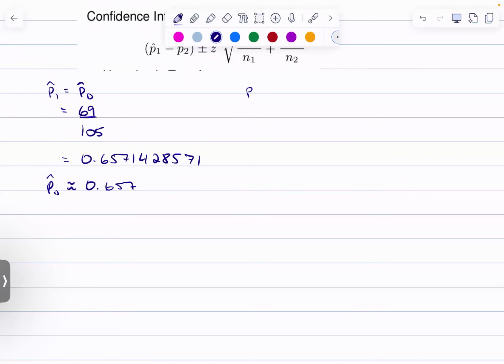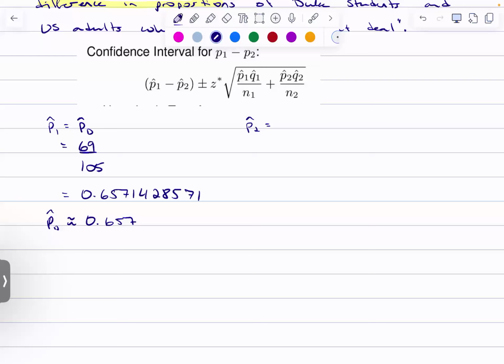Then p2-hat, and notice it's not gonna matter which group you've assigned to group 1 and group 2, but I tend to just say the first one is group 1 and the second one is group 2. I think it's a lot easier.